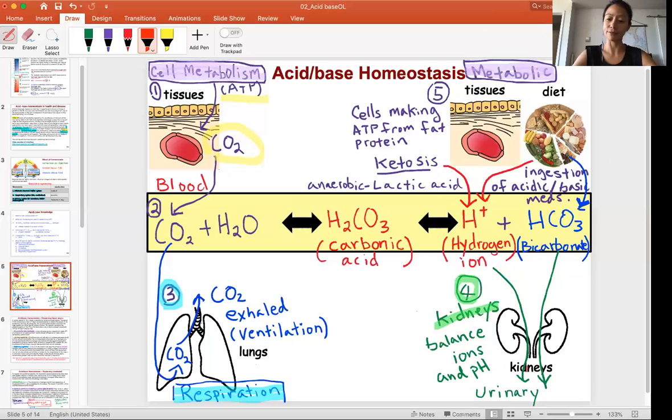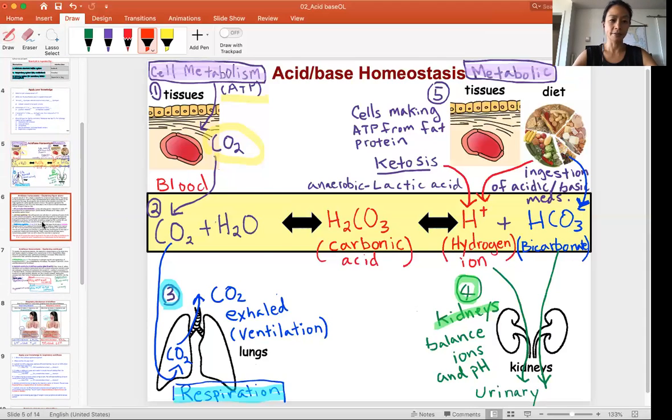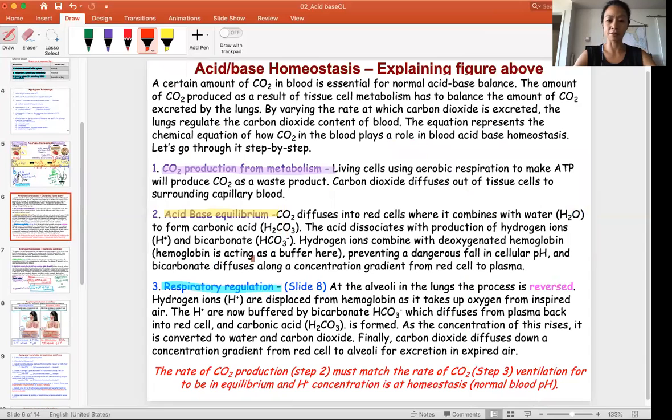So the kidney at step 4 has an important function to make sure that this is balanced. So that's the equation. Again, you have to have ways of things coming in, things going out, balancing the equilibrium equation and making sure there is not an excess of hydrogen ion or bicarbonate in the blood so that pH stays in homeostasis.